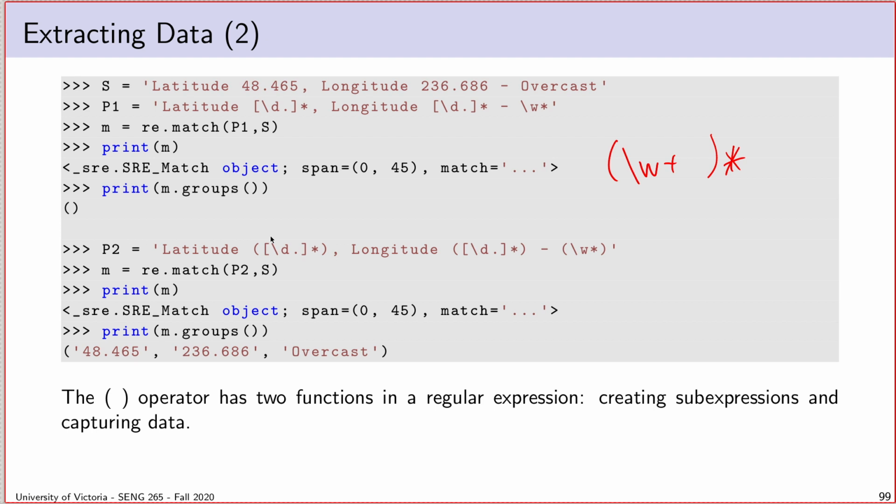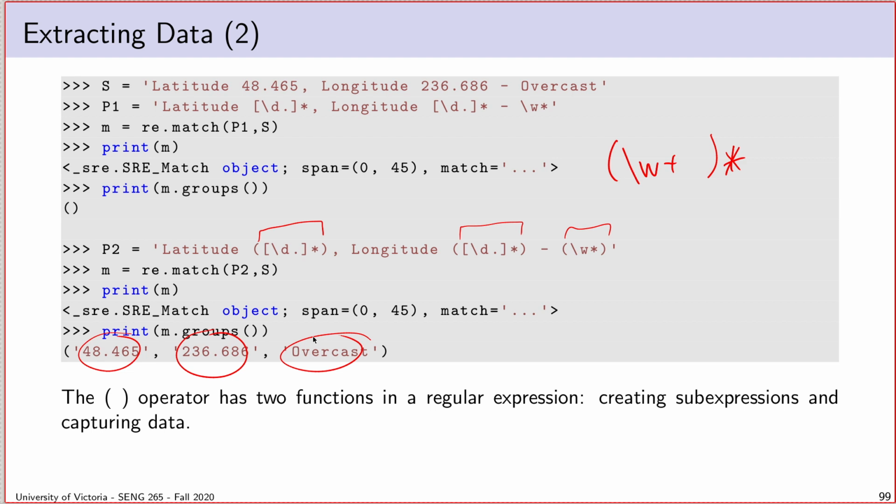A regular expression that has any sets of brackets would have one or more groups. And so in this case, I'm defining 3 different groups, these 3 sets of brackets. And if I perform the match, I can then ask the match object for its set of groups. And it returns this tuple that would be the contents of each group in order from left to right. So the contents of the first group was this, then the second group was this, the third group was this.